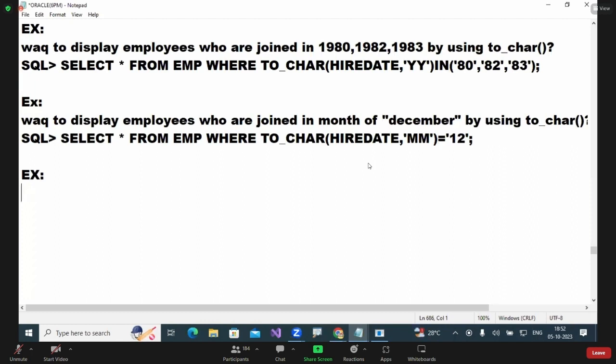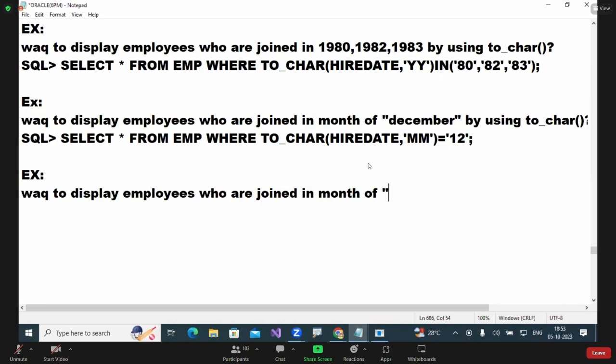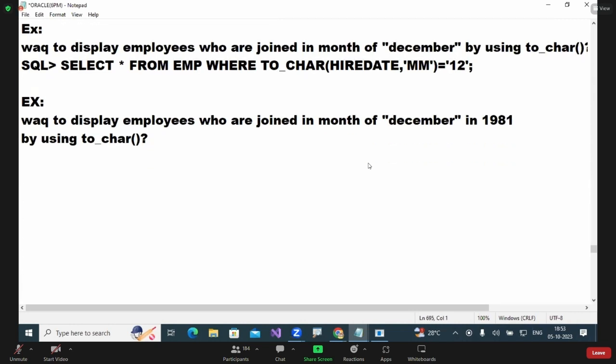Next. Can you try one more? Write a query to display employees who joined in the month of December in 1981 by using the to_char function.